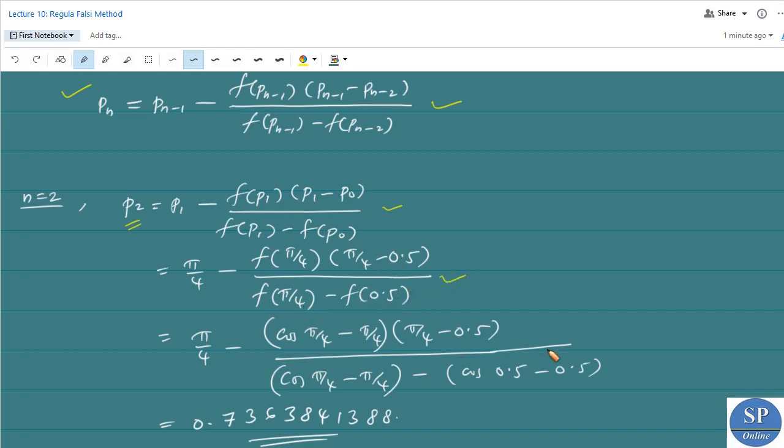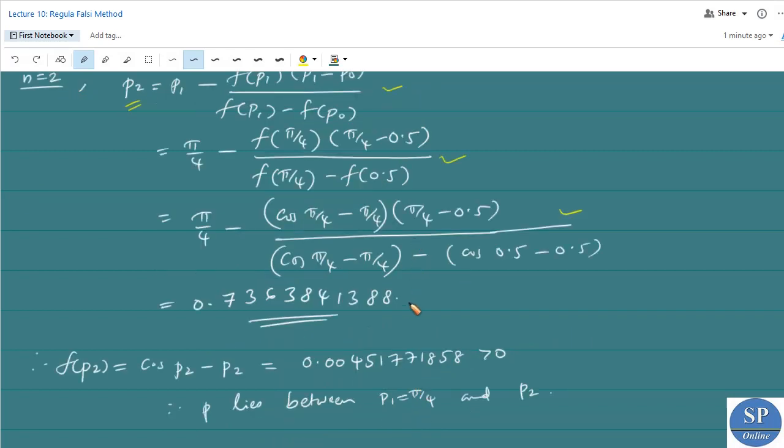Calculating this, we get the value of P2, that is, the second approximated root is 0.7363841388. This is actually what we obtained in the secant method. Now we have to find the sign of f of P2.